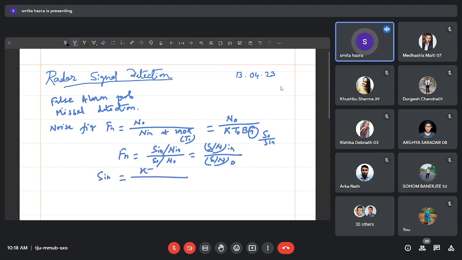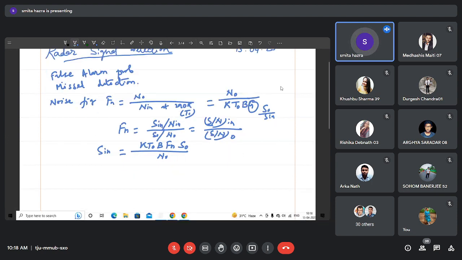That we can write as k T0 B Fn times S out by N out. Okay. So these things we can write, and this S out by N out can be considered as the minimum available S by N at the radar receiver.